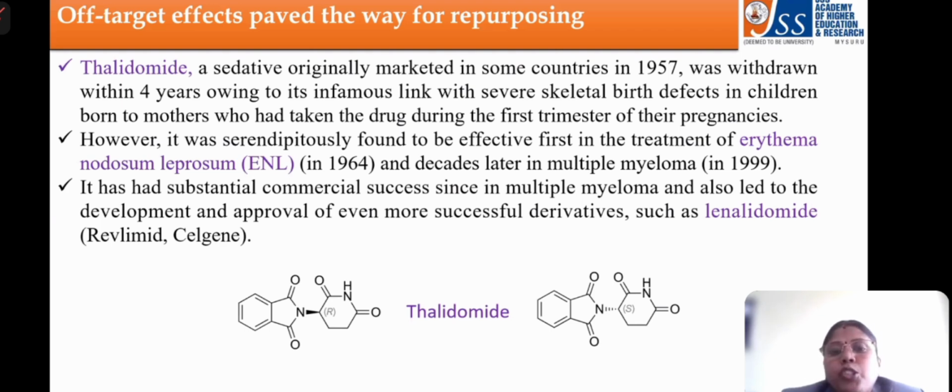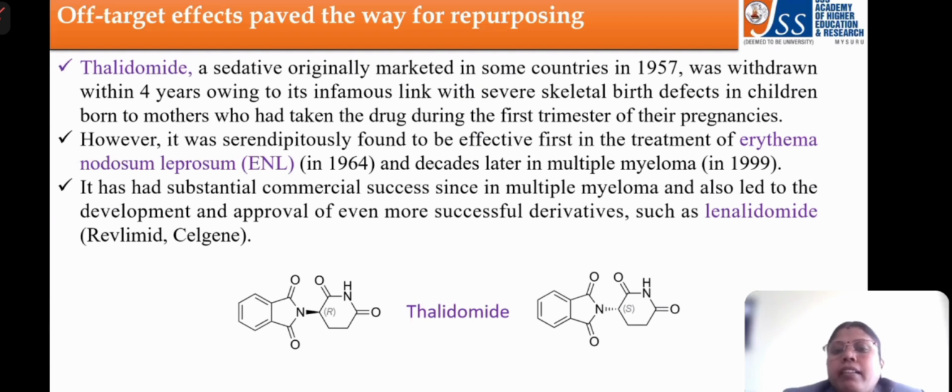So the drug was withdrawn. But notably, it was withdrawn in the 1950s, and in the 1960s it was used for the treatment of erythema nodosum leprosum, a multi-organ condition due to severe leprosy. So the drug is used for the treatment of that.